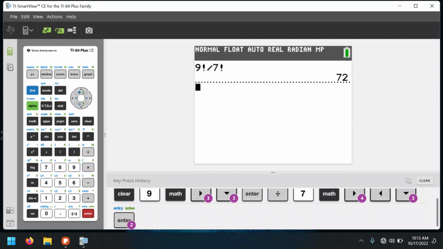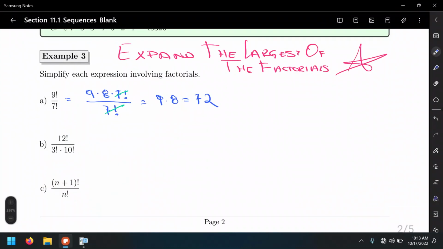So all we have to do is expand over the largest factorial until we get a match, cancel out those factorials that match, and multiply all the numbers that we're left with. In this case, we were left with 9 times 8, which is 72.